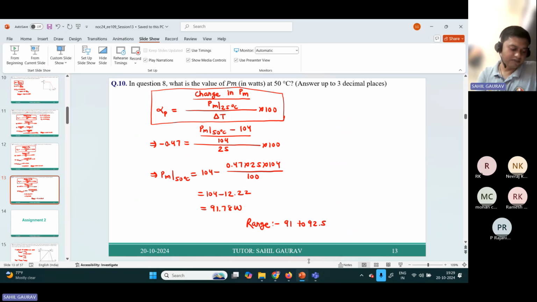In your hall ticket, they have not given the number of problems. Total duration is 3 hours, but I think they have not given the number of problems. Generally, how many questions they are asking?